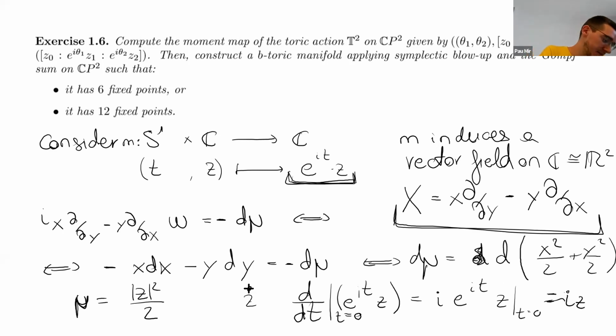So if you have a dynamical system in which z dot is iz, what's happening here is a rotation of 90 degrees. So if you now take real coordinates, you know that.